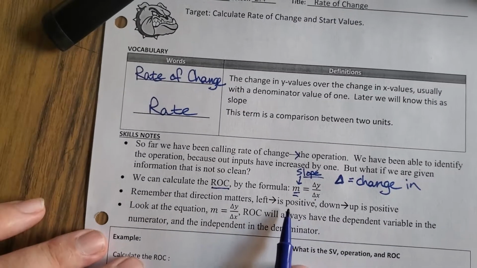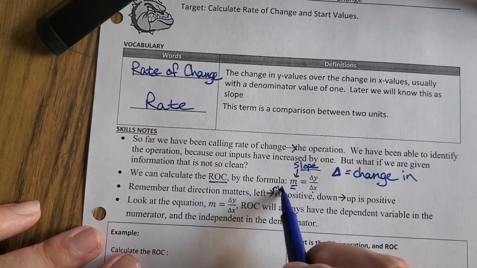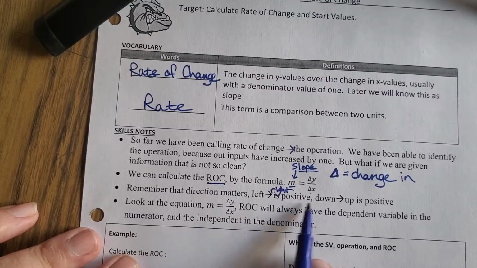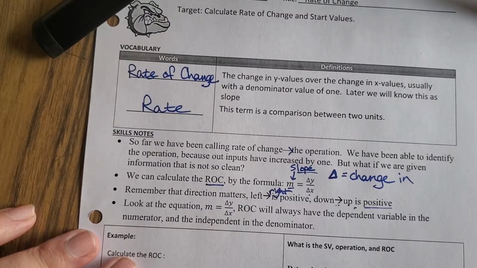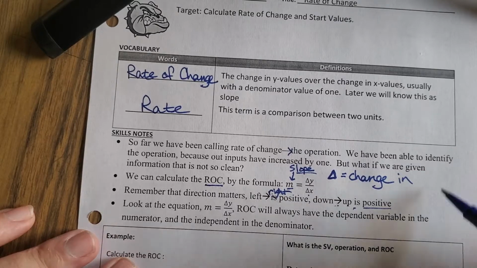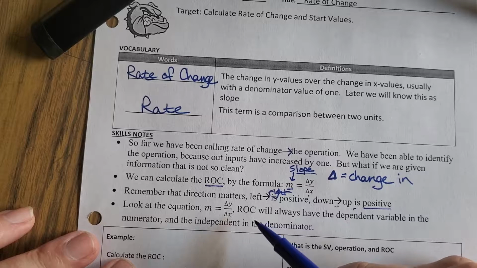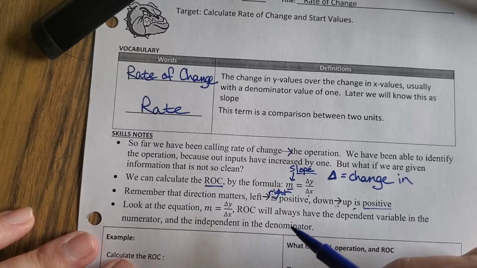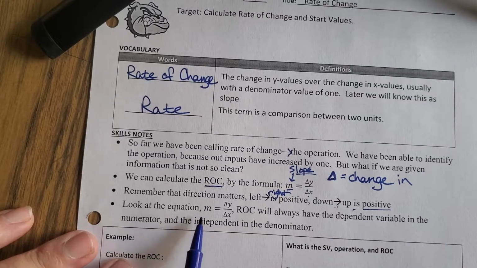Left to right is positive. Down to up is also positive. So if it went from up to down, it would be a negative number. If you're reading it from right to left, which you typically wouldn't do, that also is in the negative direction. Think number line.